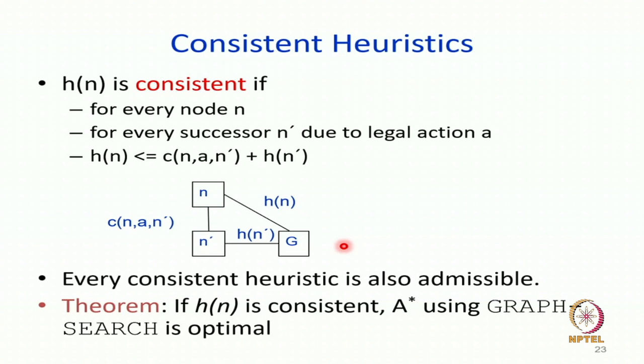Okay. And in fact, you can prove, and I will let you do this as homework, by induction or whatever, that every consistent heuristic is also admissible. And now you can also prove that if a heuristic is consistent, then A star using graph search is optimal. Okay.